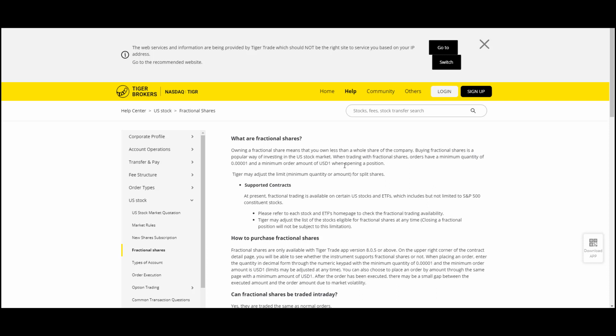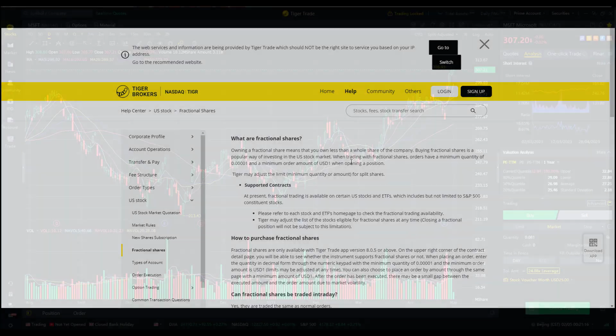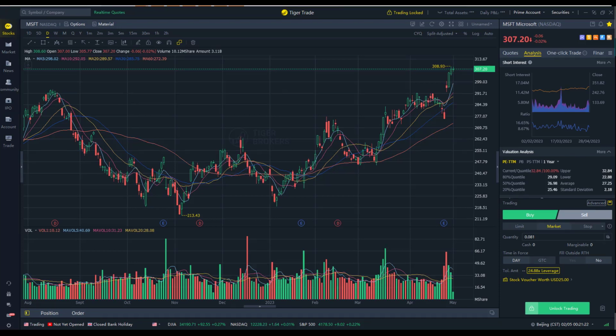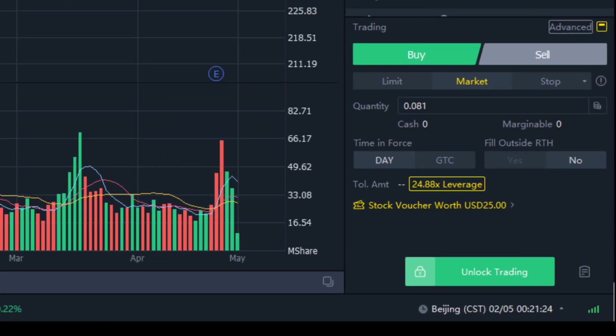So let's just go through the motions of putting on that trade. Now I've gone back into the trading window. In the bottom right is the buy and sell area, and we want to buy that fraction. So we've come down, we've hit the buy button. Notice I've typed in 0.081. Now that is that fraction of the $307.21 for Microsoft shares.